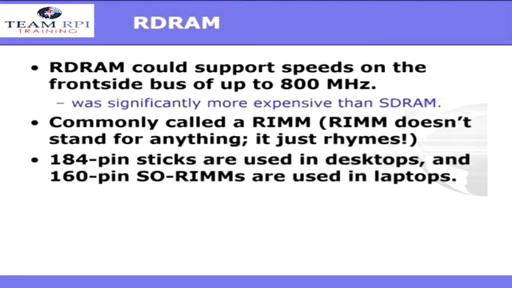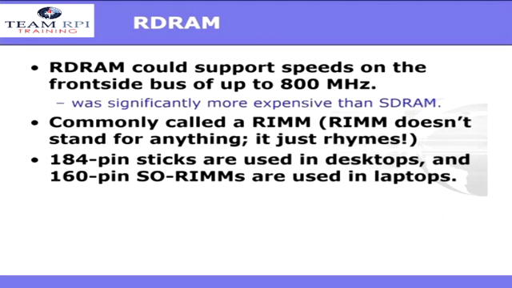Next, we have RDRAM. RDRAM could support speeds on the front side bus of up to 800 megahertz. RDRAM is most commonly referred to as RIMM. Now, it doesn't stand for anything, it just happened to rhyme with SIMM and DIMM.